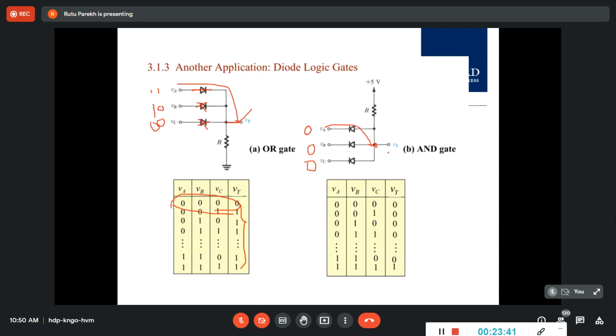And remember, this output is across the ground. There is a ground here. When you say output, it is across this terminal and the ground. This is 0, and across 0 and ground is 0 volt.